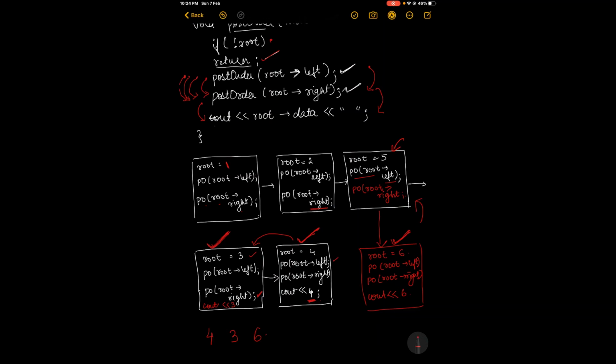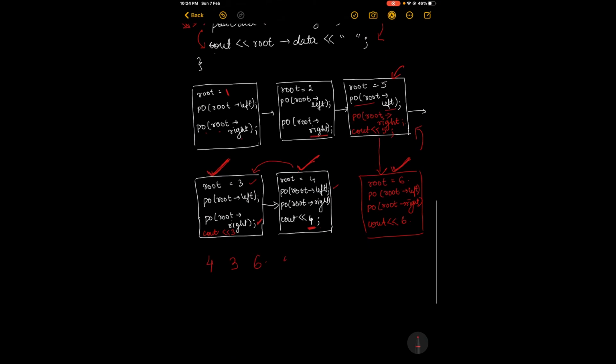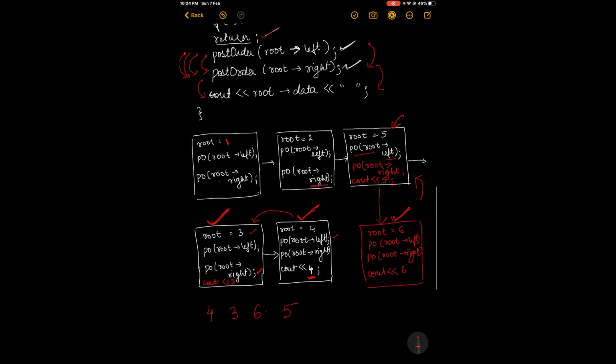Now from here we'll go back to this block again because it was not fully executed. Next here cout 5, because this is the step which was after post order root right. So after 6 we'll be printing 5.